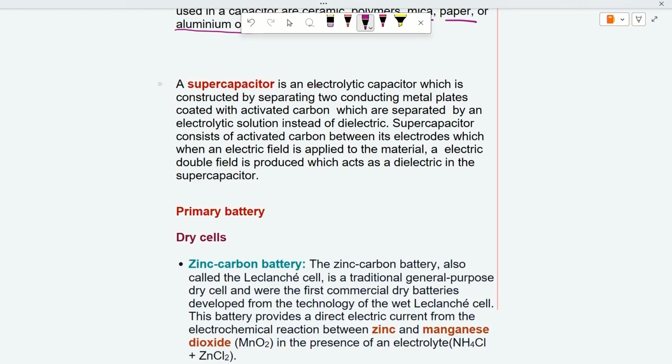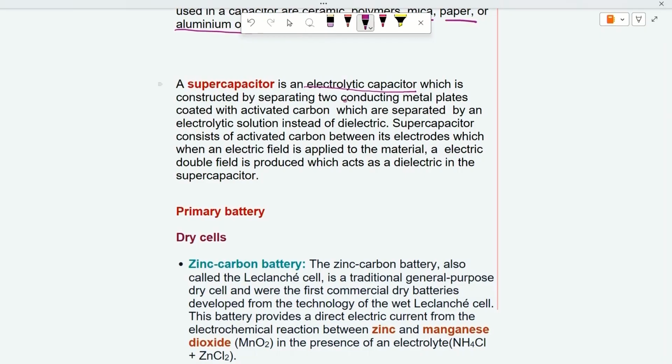Now, we come to a new type of capacitor which is known as a supercapacitor. Now, a supercapacitor is also known as an electrolytic capacitor. So, it means that it contains some electrolyte, in which it has two conducting metal plates.